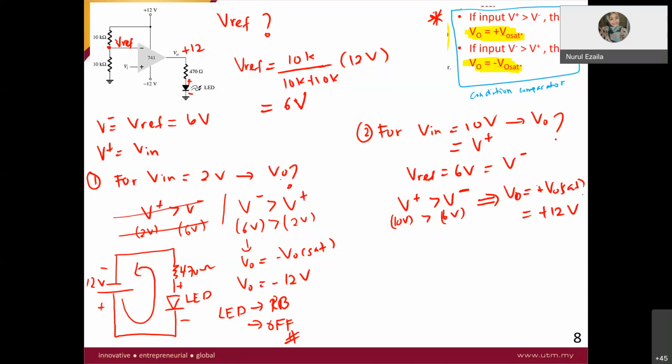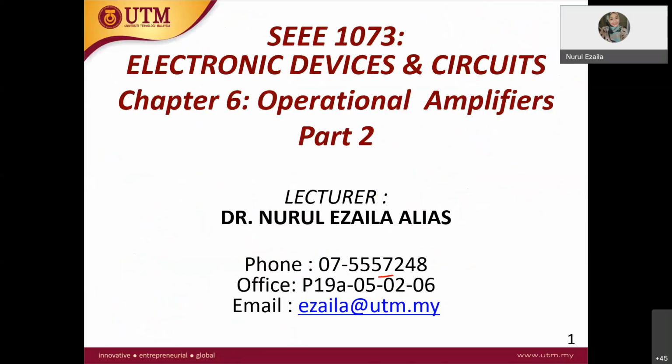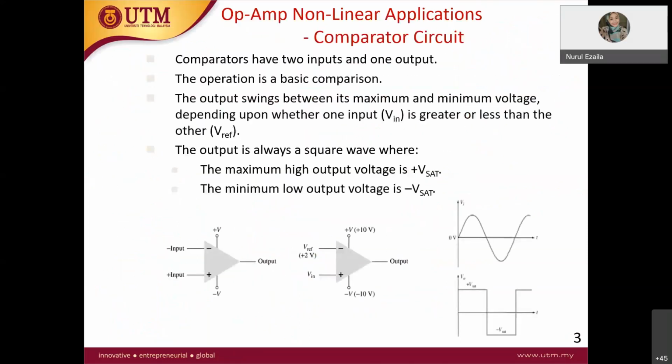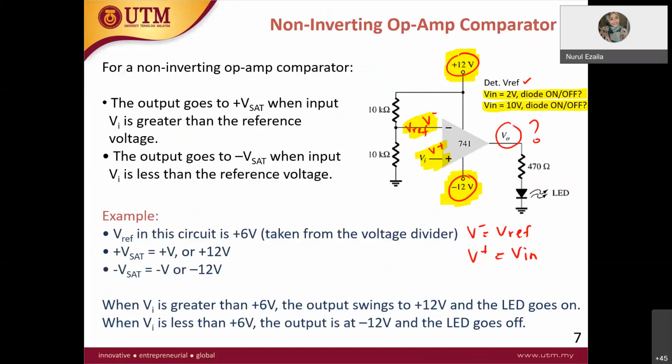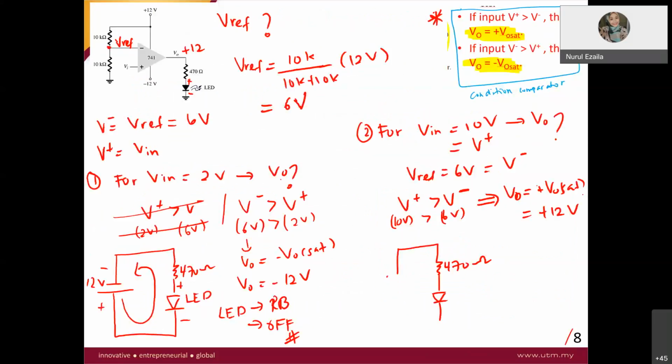If you cannot imagine it, you can see straight away that the LED is forward biased, but you can always draw it like this. You have the 47 ohm resistor, and then you have your LED, with plus 12 volt.